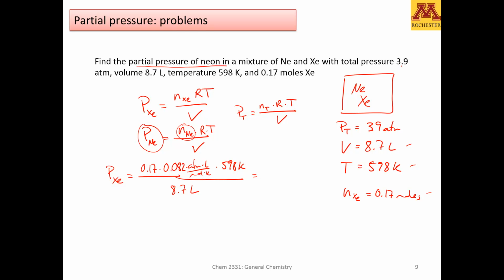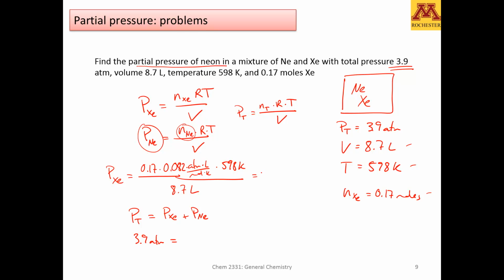Notice that it's telling you that the total pressure is 3.9. The total pressure is equal to the summation of the partial pressure of xenon plus the partial pressure of neon. We know that the total pressure is 3.9 atmospheres, and the partial pressure of xenon is what we just calculated up here.